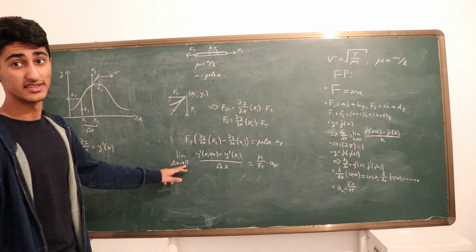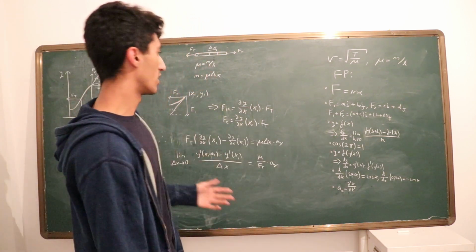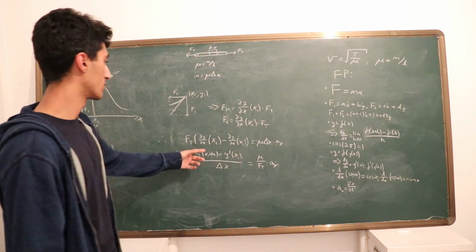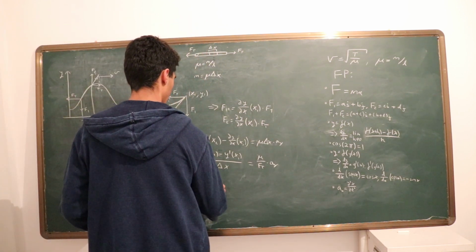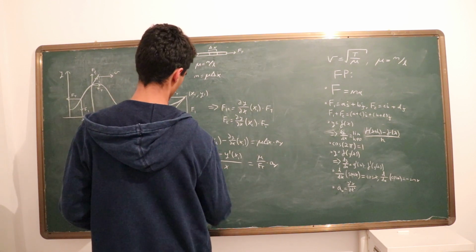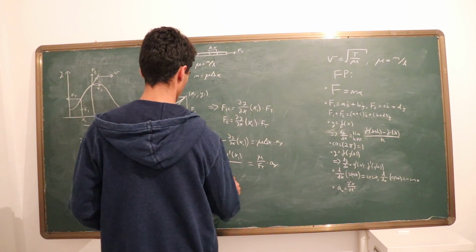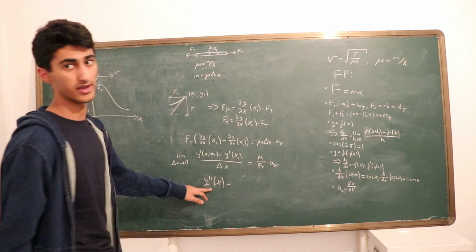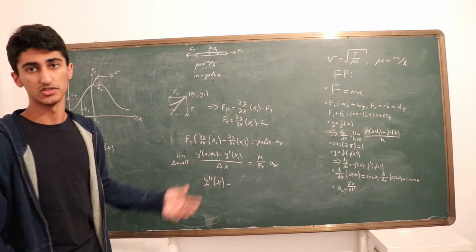But as you might notice, this exactly resembles the definition of the derivative, where our f of x is simply y prime of x. So then you can just say y double prime of x is equal to this. And the reason I just say x now is because x1 is obviously just an arbitrary point.